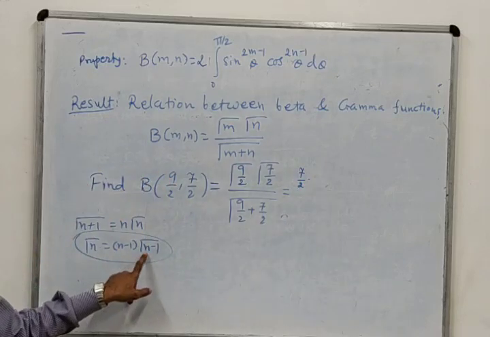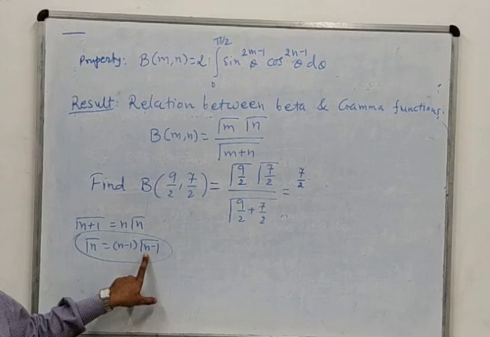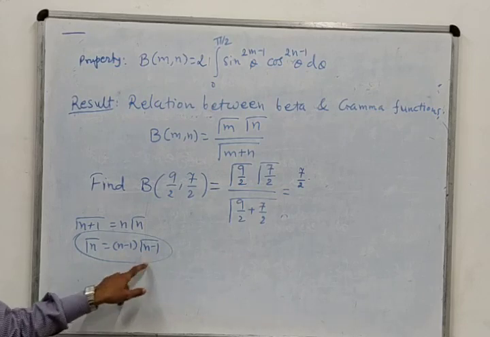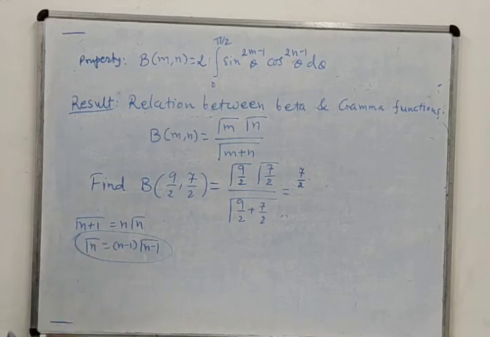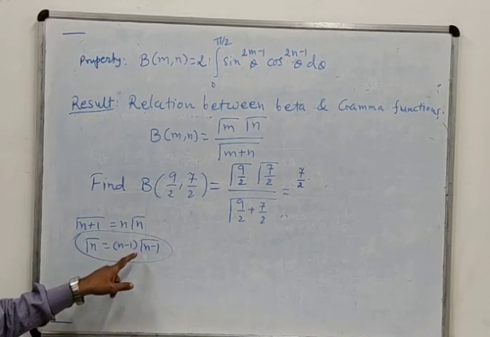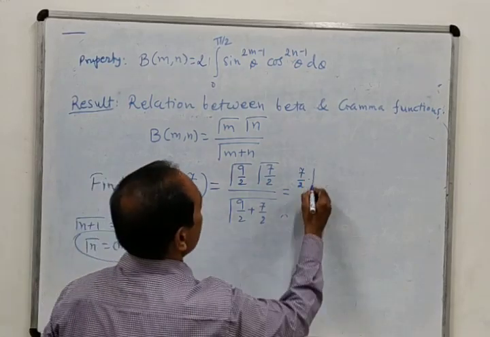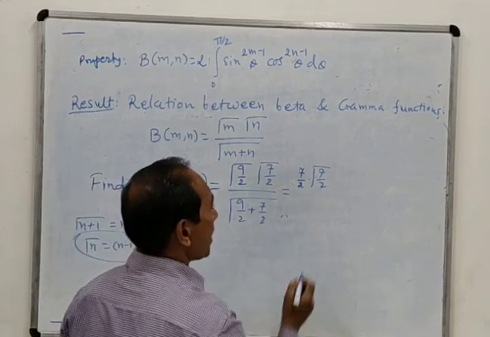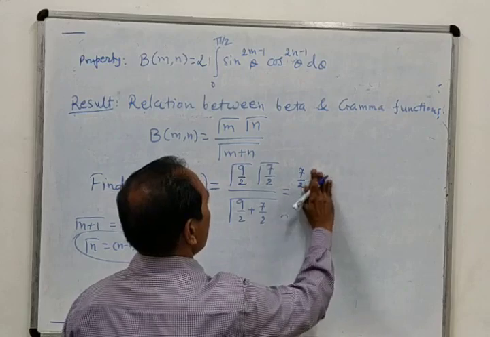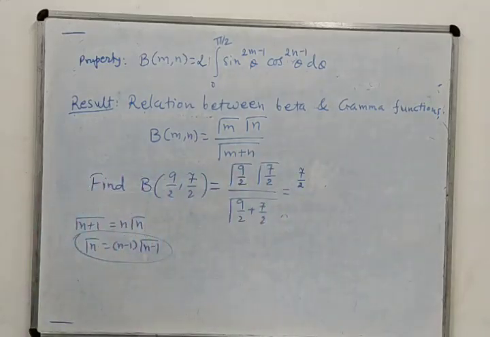The use of the recurrence relation is that we can use the same relation recursively, that means repeatedly. But I will not write this here because I want to find the values in a continuous way.